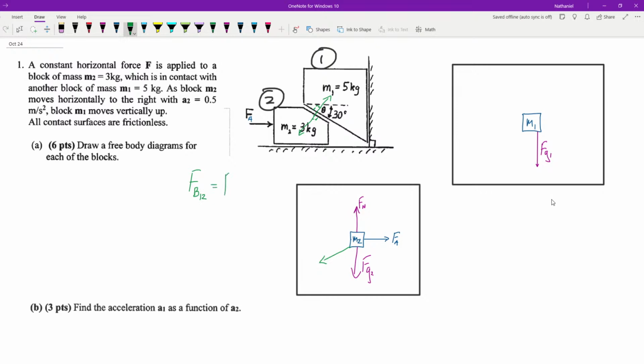The force from block 1 onto block 2 is the same as block 2 onto block 1. This might seem like a silly thing to highlight, but this is Newton's third law: if I push on the wall, the wall pushes back on me. So if this mass pushes with a certain force, the other gets pushed back with the same force. Okay?